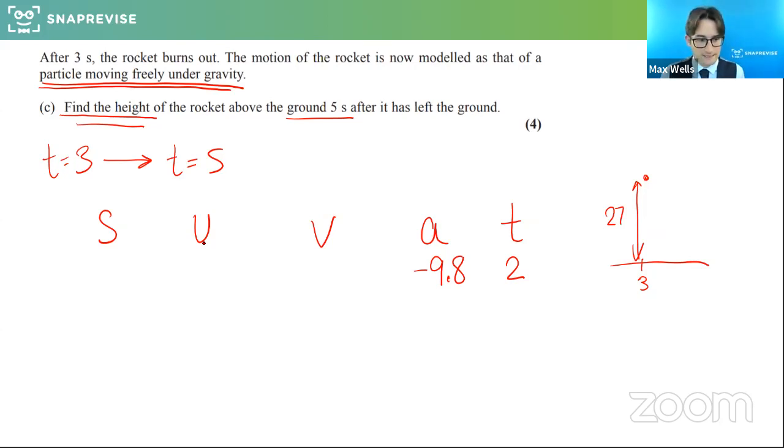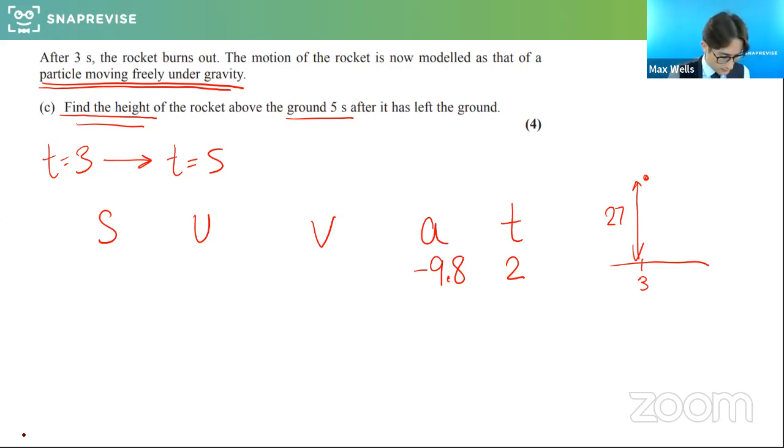It's very easy to think that because in the previous part of the motion, the value of u at the start of the whole journey was 0. But when we're halfway through the motion, the speed it was literally just doing is now the new u value for the bit of motion it's on now.